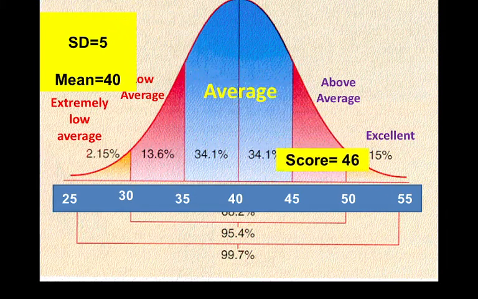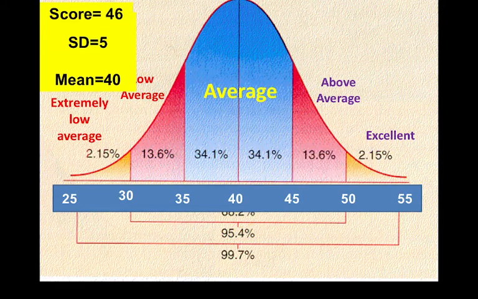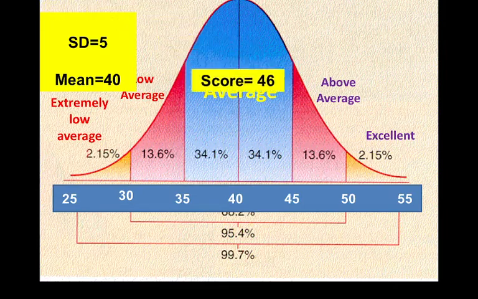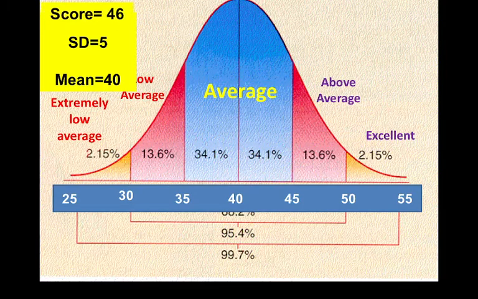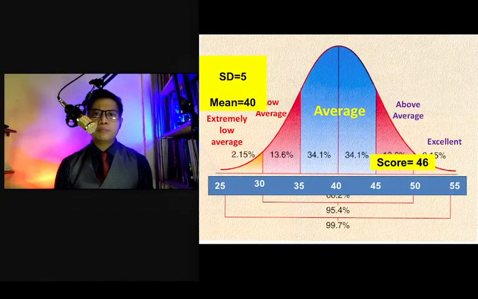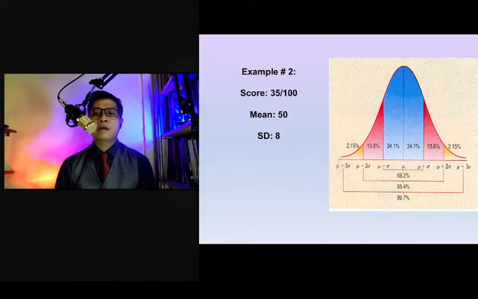So, 46 belongs to the fifth area, no? Fifth compartment. And what does that mean? Dahil alam natin that 46 belongs to the fifth area, ang tawag sa 46 is above average. And it makes sense. Kasi nga yung average ng mga tao dito is only 40, but the raw score is 46. So, lagpas siya sa average. So, ang tawag natin dyan is above average.